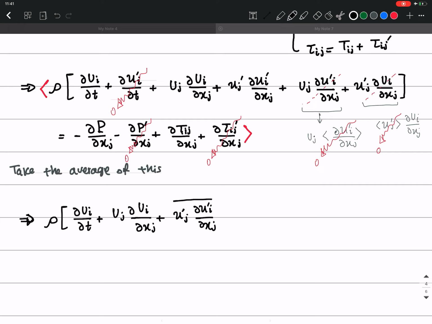Also you can show it with brackets. Again, these are the same thing, equal to the right hand side, which is going to be minus partial capital P over partial xj plus partial Tij over partial xj. And this is a very important equation.